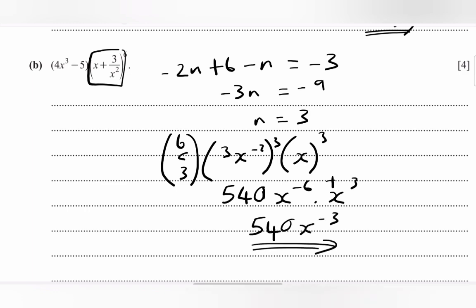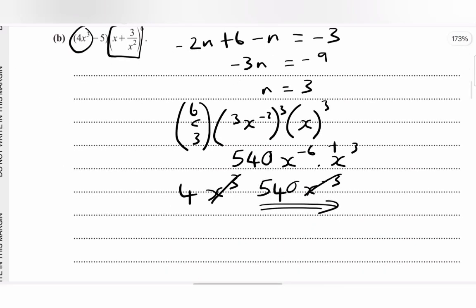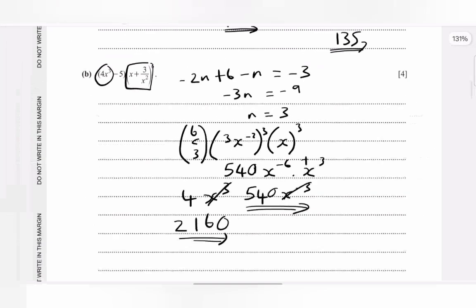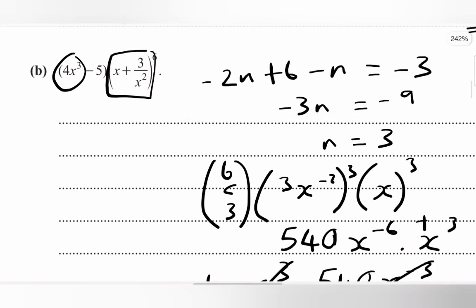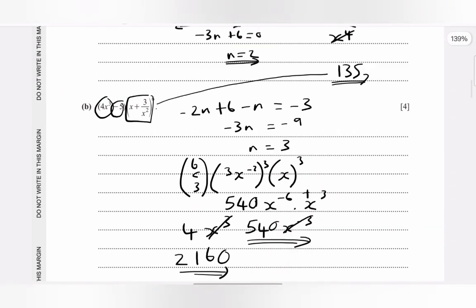And we know if this gets multiplied by 4x to the power 3, these two will cancel out. So 4 times that, we get 2160. And to this, we're going to add the term independent of x that we get from multiplying minus 5 and the term independent of x for that other part.